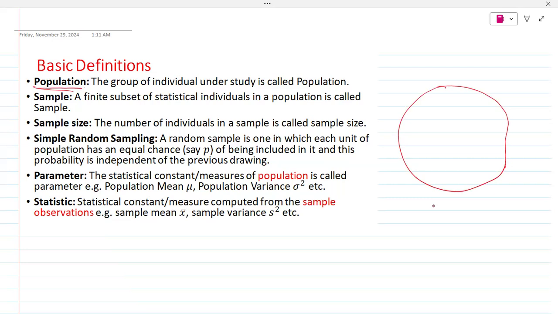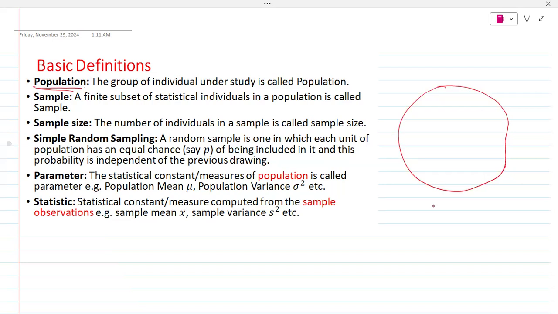It can be any larger set. Say it may be New York City. We can say any state, any city, any such larger population.